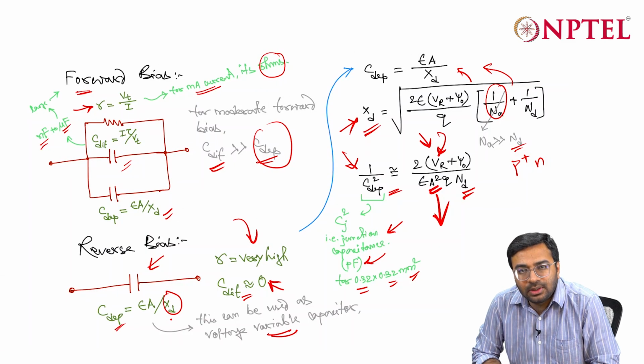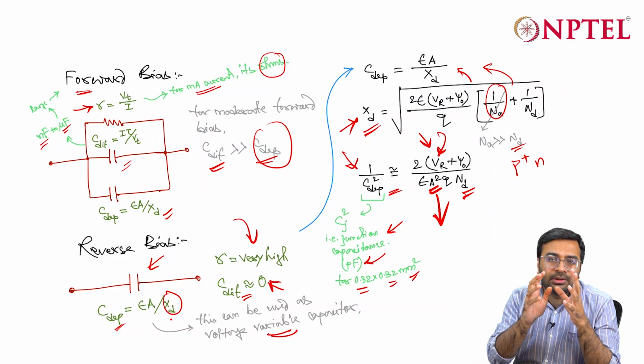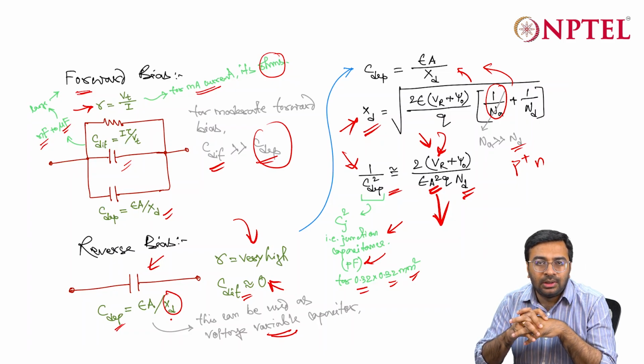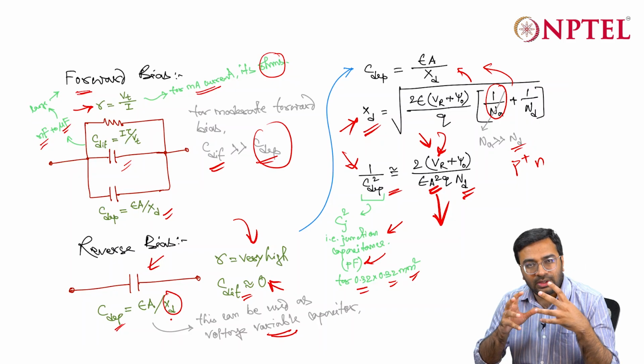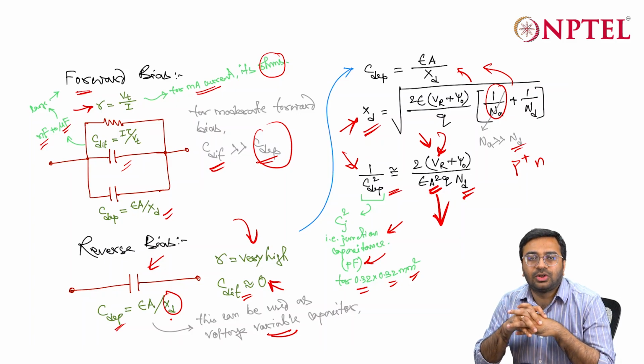So we have seen what the small signal model is and why it is important. It is just a circuit consideration, but we have seen why the small signal model is important and how we actually get it. We also started the discussion on diode capacitance.